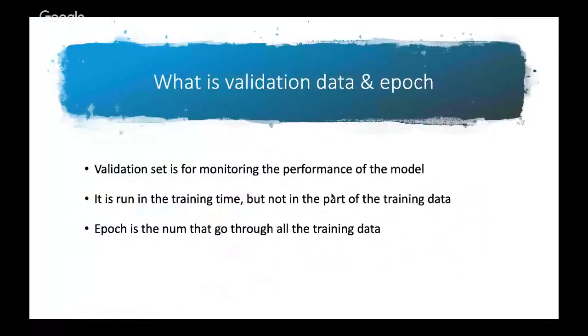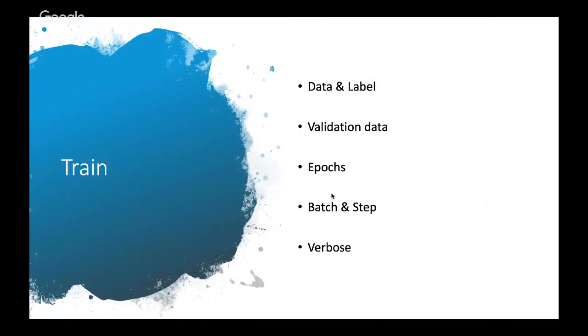Okay. So after we compile the model, next step will be we feed the model with some data. And the time we feed the data, there are some options we can get inside that one. There are some terminologies here.